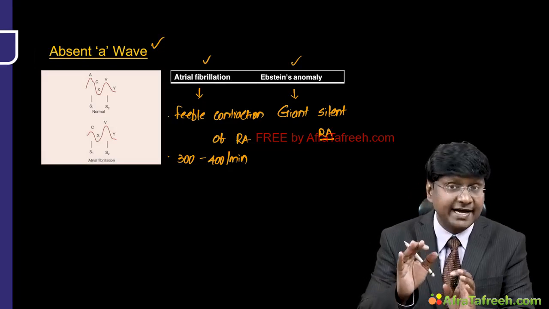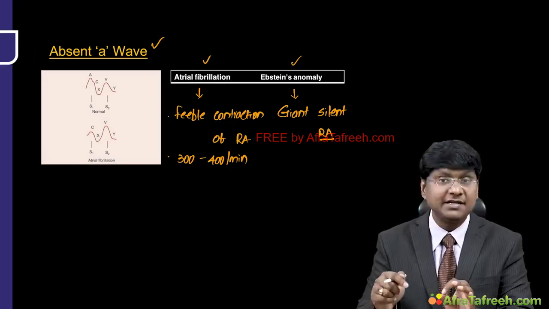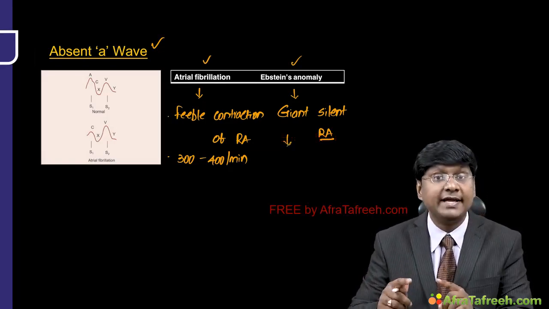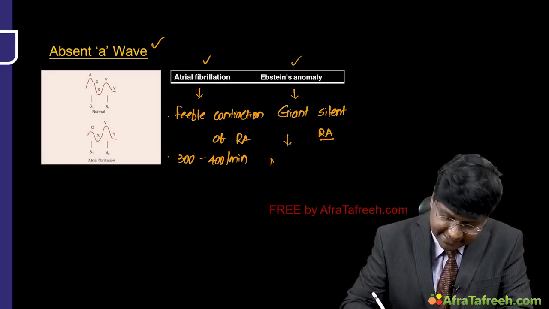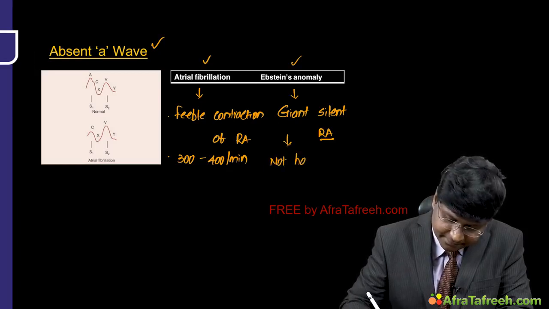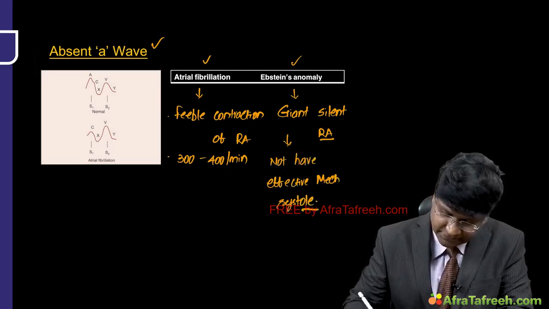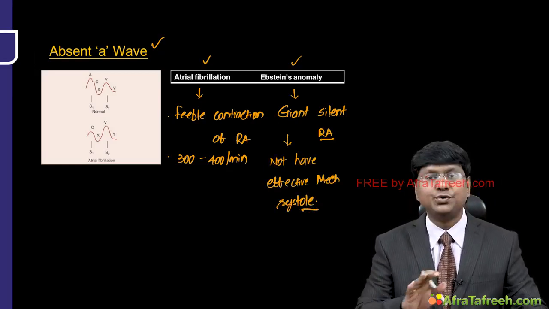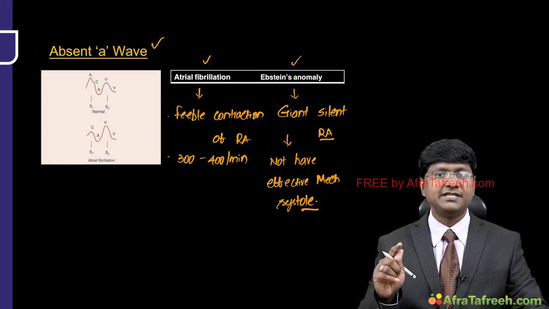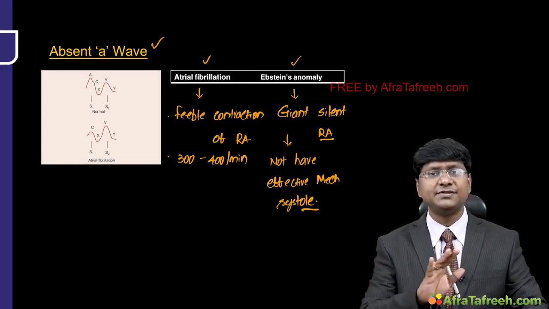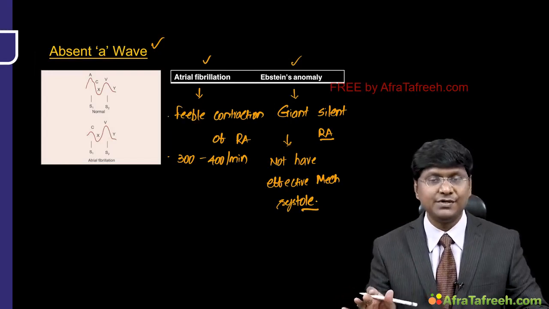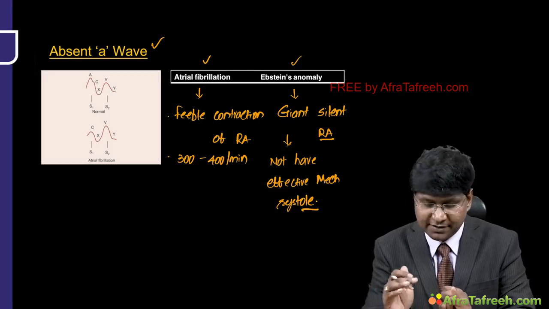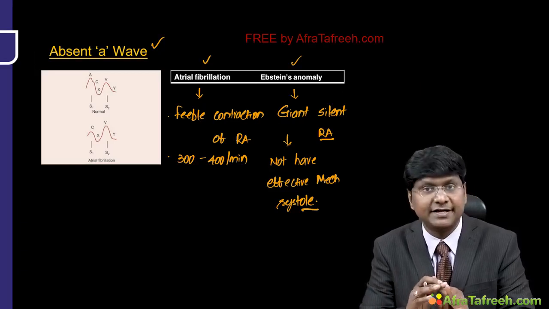This particular silent right atrium does not have effective mechanical systole. So thereby you don't have the A wave. So in Epstein's anomaly as well as in atrial fibrillation, there is no A wave. So these are the abnormalities of the A wave. So A wave is absent in case of the Epstein's as well as the atrial fibrillation.